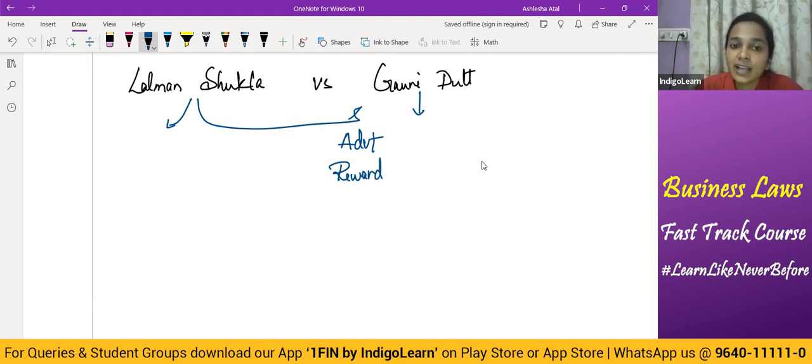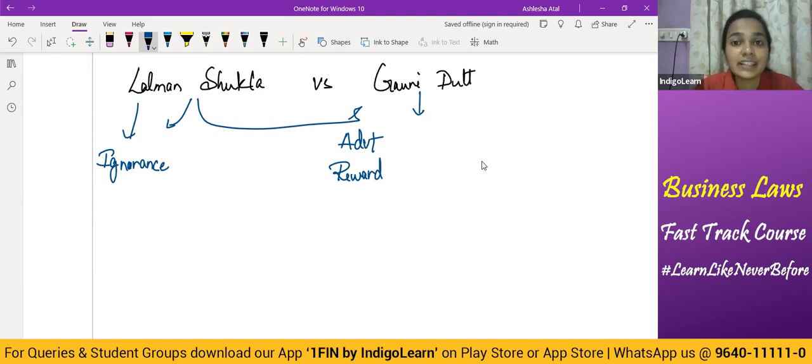The other day, Lalman finds out that this announcement was made by his master, and he goes to Gauri Dutt and says, where's my reward? I found your nephew, so now I'm eligible for the reward you announced. However, Lalman acted in ignorance of the offer. It was a general offer, which could have been accepted by anyone, but Lalman was not aware of it at all.